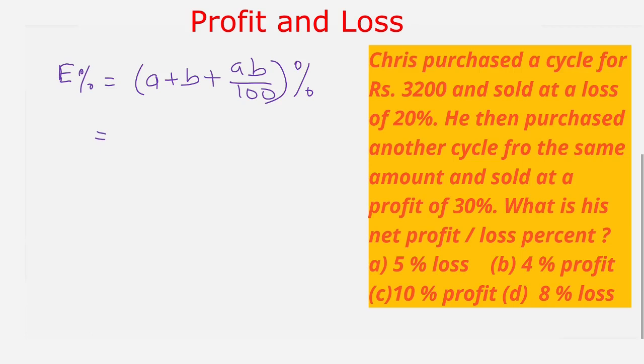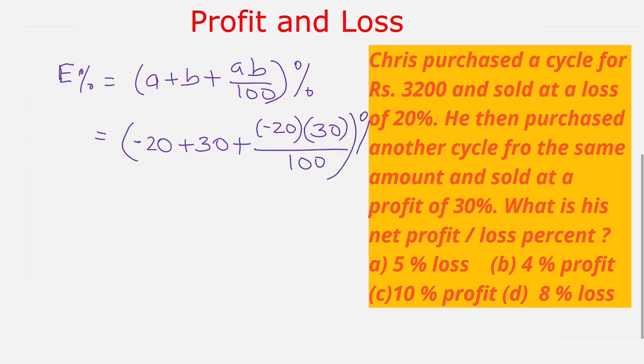So we put the values of A and B. As A is 20% loss, we put it as minus 20, and B is 30% profit, so we put it as plus 30, plus minus 20 into plus 30, divided by 100%.